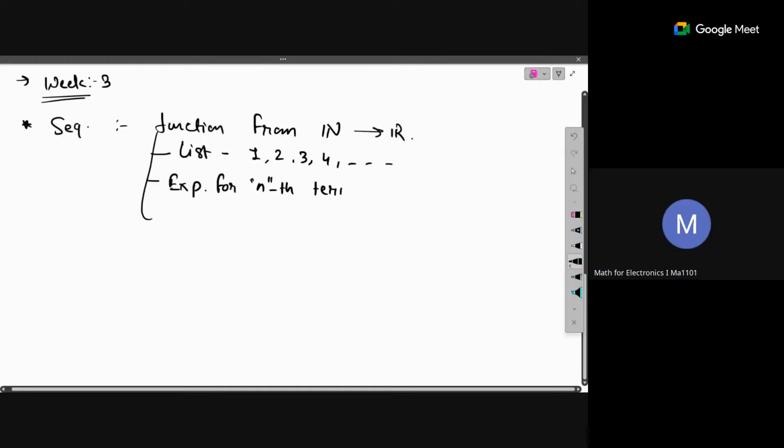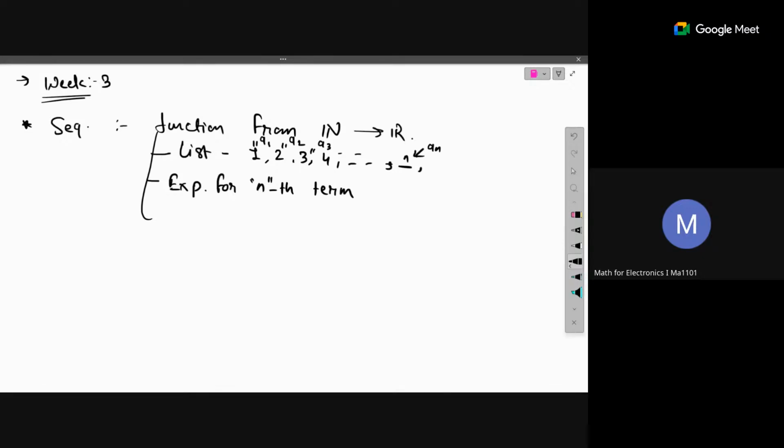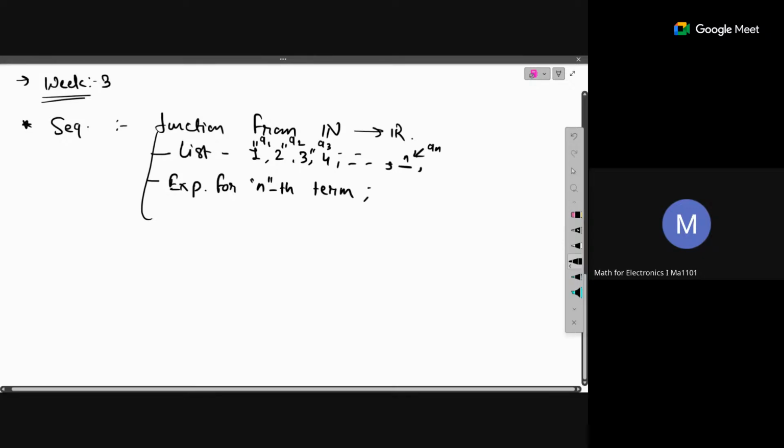That means if you list out your sequence, this will be your first term, which we denote by A1. This will be your second term, A2, A3, and so on. Whatever term comes at the nth place, this will be your nth term, right? So by giving an expression for the nth term of a sequence, we can express a sequence. In this case, our an will be equal to n, right?